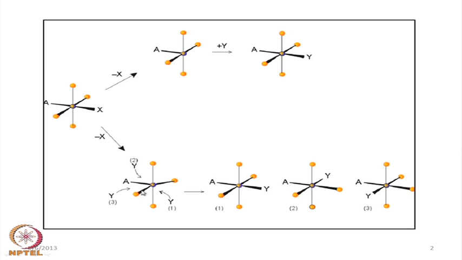If the attack of Y is equally probable from these three sites, that means site 1, site 2 and site 3, we get the two isomers, the trans and cis isomers, in a 1:2 ratio, that means one part trans isomer and two parts cis isomer.